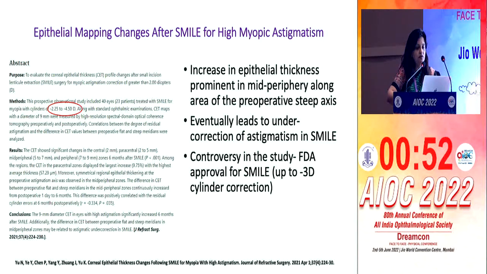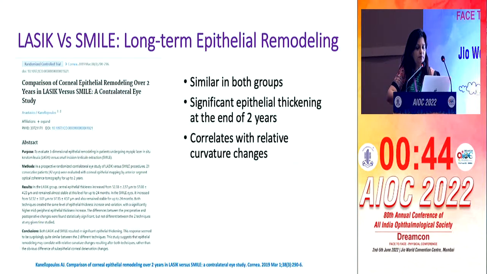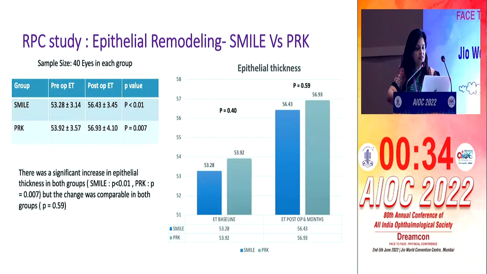Now this is a study again to show epithelial mapping changes after SMILE, and this did show that there is increase in the epithelial thickness. This is another study which shows LASIK versus SMILE, and this concluded that it was similar for both the groups, and it correlates more with the relative curvature changes.